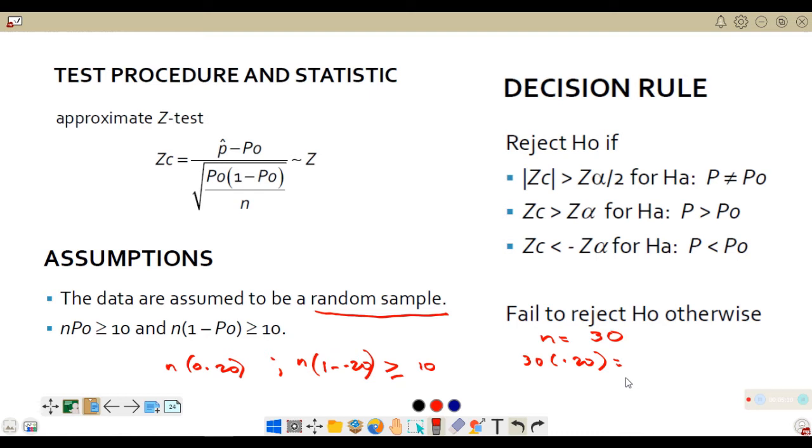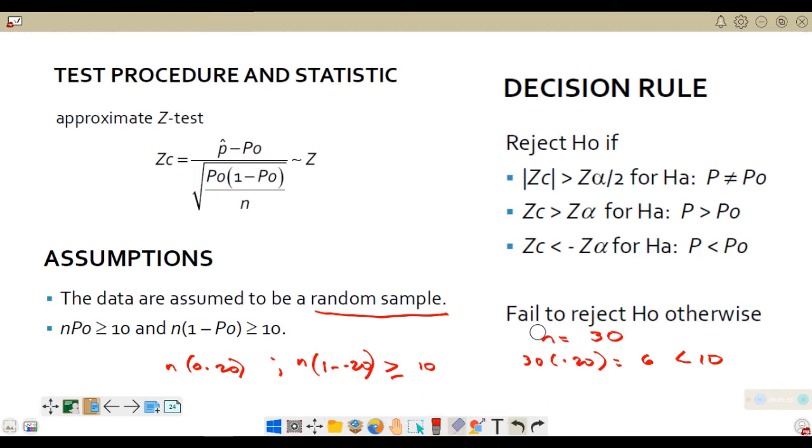So, 20% of 30 is 6. Tama? Okay, 6. And 6 is less than 10. So, kung 30 lang ang sample mo, hindi mo pwedeng i-perform yung test of proportion.